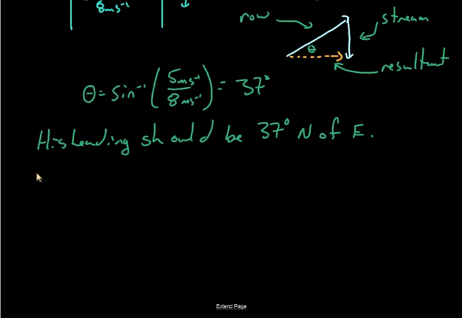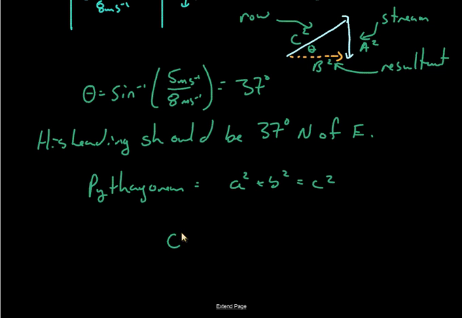Okay. So first step, let's remember the Pythagorean theorem here, which is a squared plus b squared equals c squared. And c squared is always the hypotenuse. There's a squared and there's b squared. We want to solve for b squared. So we get c squared minus a squared is equal to b squared, or the root of c squared minus a squared equals b, which is what we're after.